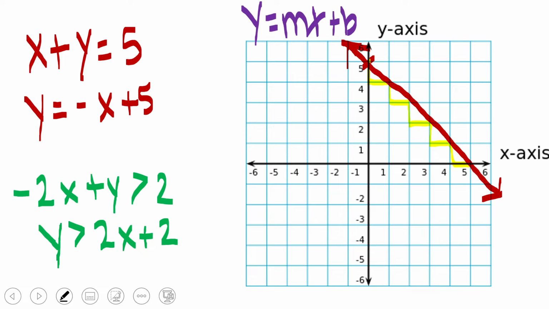We have a positive slope of 2 over 1 and a y-intercept at 0, 2. So we're going to rise to run 1 and start plotting our points. Rise 2, run 1, and our graph emerges.